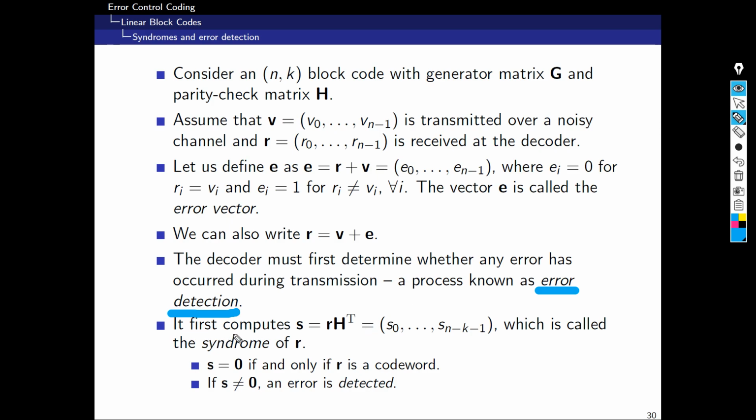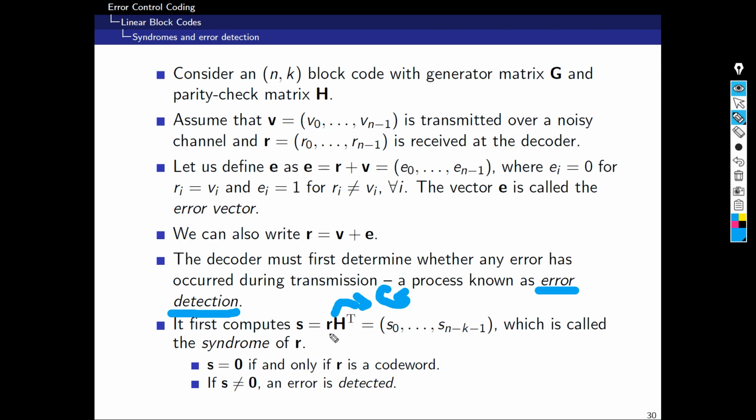To do so, this is the other approach, the systematic approach that utilizes the generator matrix and H matrix at the receiver. It first computes S. S is equal to R multiplied by H transpose. How do you obtain H? You obtain it from G. And R, you received it at the receiver.